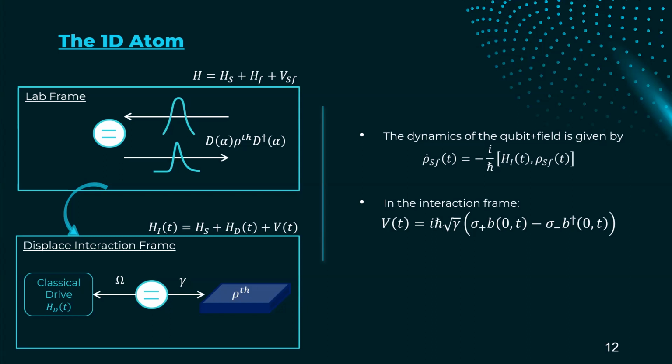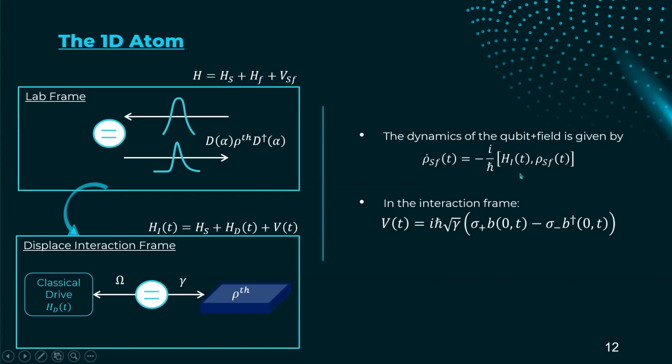That's it. So this is what you have, and this displacement is what is causing the drive to appear on the qubit, essentially. So here the dynamics of the qubit and the field is, of course, described by this equation, the von Neumann-Liouville equation.